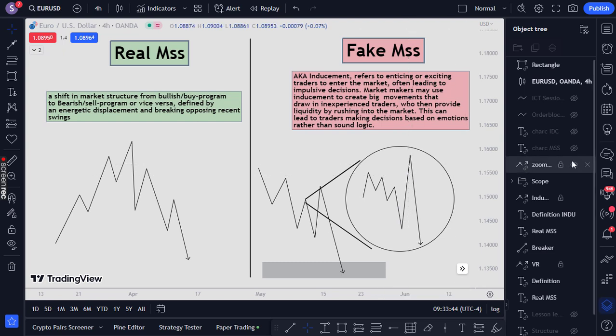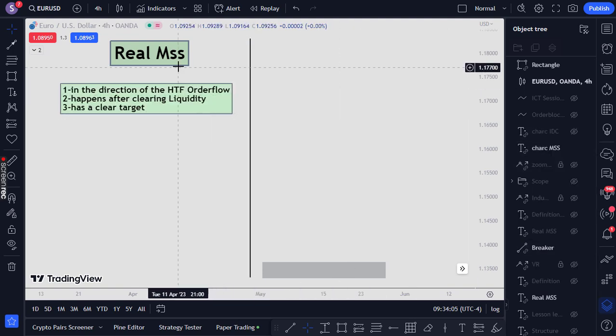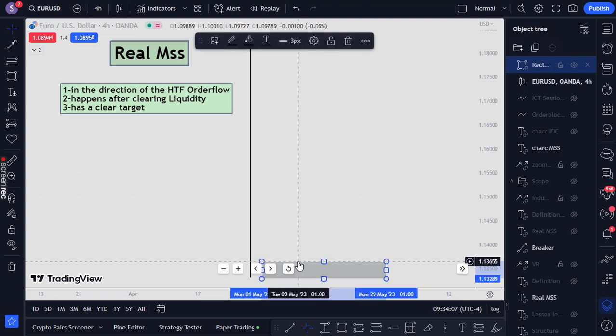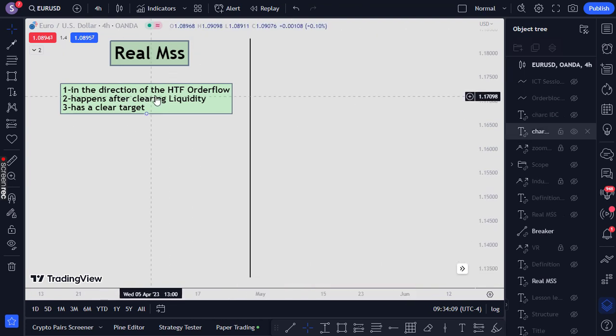All right. Now let's move on to the characteristics of a real market structure shift and a fake one. A real market structure shift tends to happen in the direction of the higher time frame order flow. Meaning, if we are on a buy program or a sell program, then you will see a market structure shift happen.